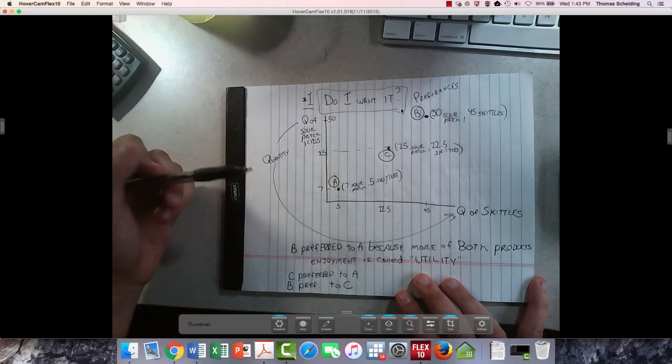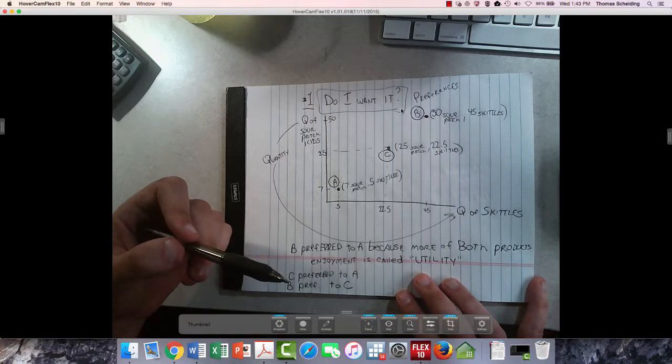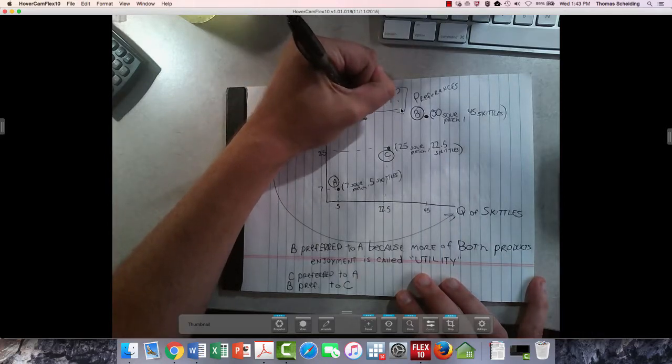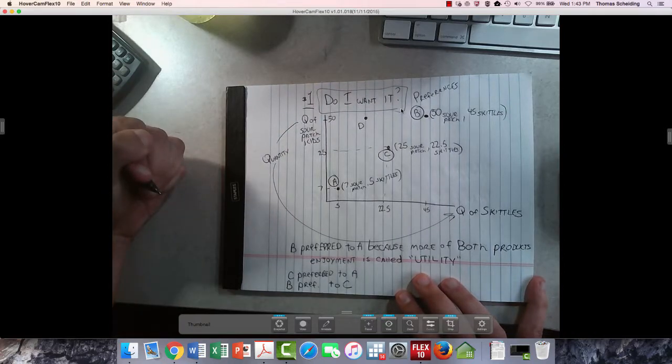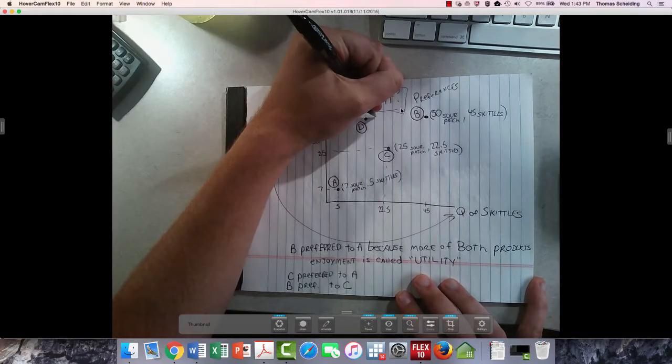But now here's the problem. And this is what's now going to give rise to the indifference curve. What about a point right here? So in letter D, I'm going to kind of make up these numbers here.